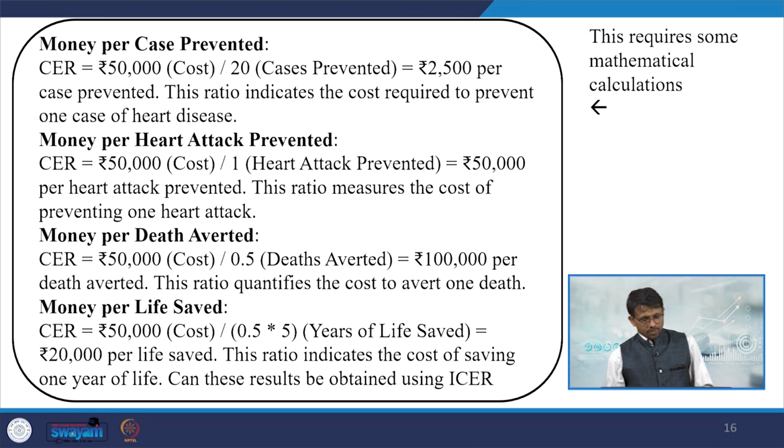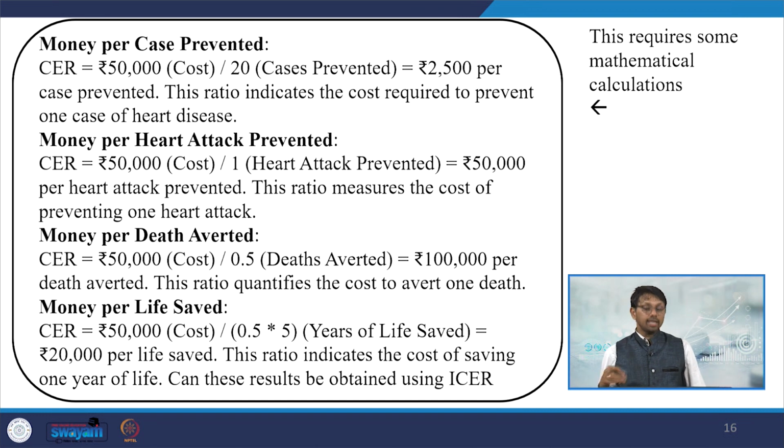And it is 2,500 rupees per case prevented. So 50,000 divided by 20. This ratio indicates the cost required to prevent one case of heart disease, and this is actually money per case prevented. Okay.